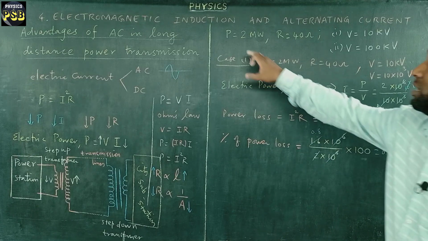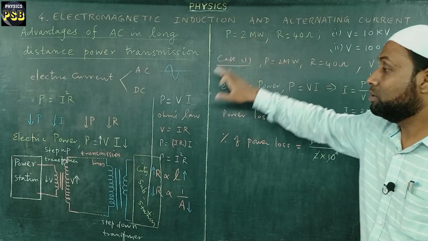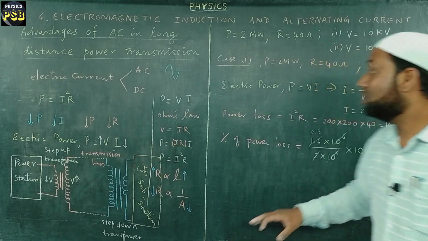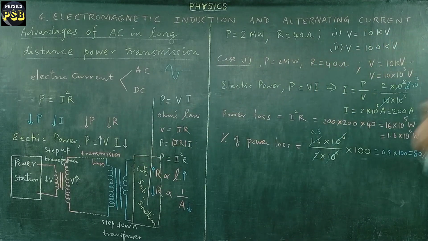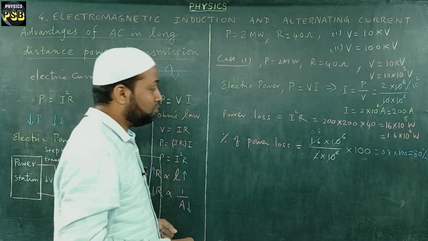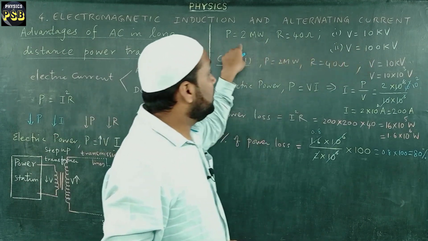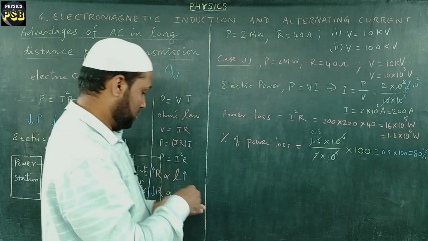When we transmit 2 megawatt power generated in the power station at 10 kilovolt. Now I will calculate the power loss, the percentage of power loss, if we transmit the electric power at high voltage. Case 2.